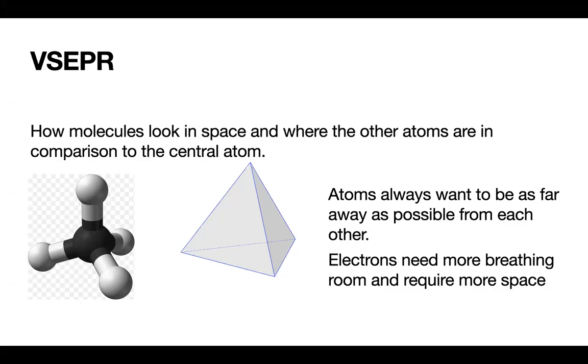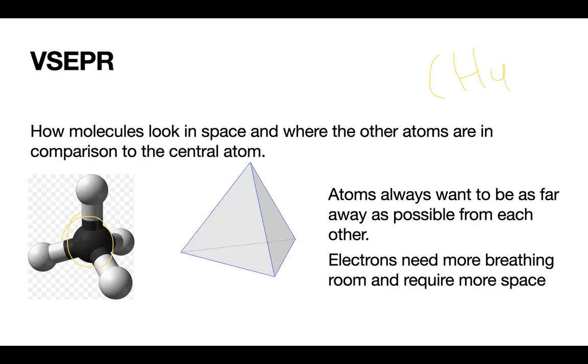In this case, our central atom would be this carbon right here. This is methane, CH4. Using VSEPR theory, if you look at that same chart in the back of your workbook, it can help you identify what shape a molecule is.